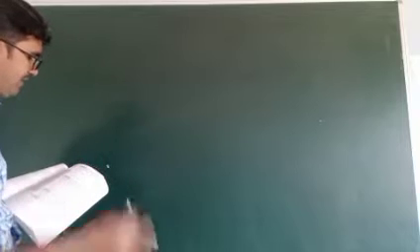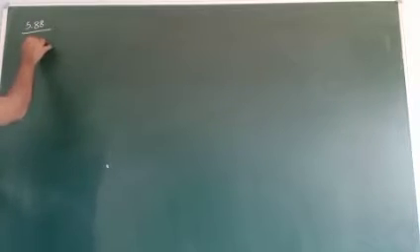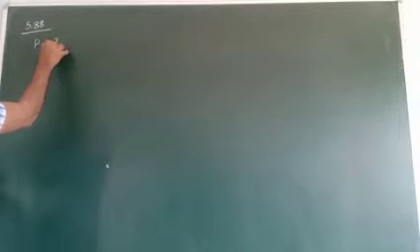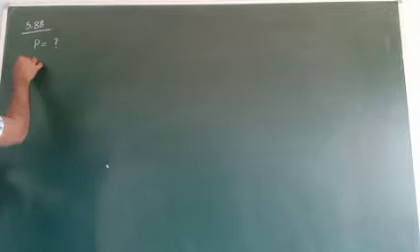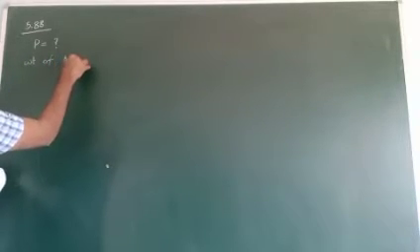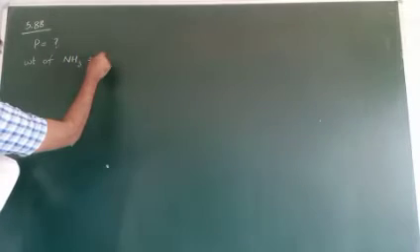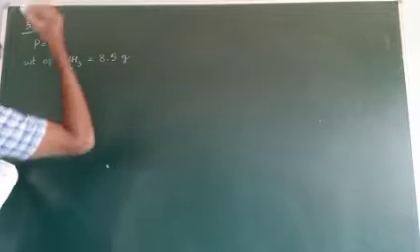For ammonia, the a value is given, the b value is given. Calculate pressure means we have to calculate P, exerted by the 8.5 grams. Weight of NH3, ammonia, is given. That is 8.5 grams.